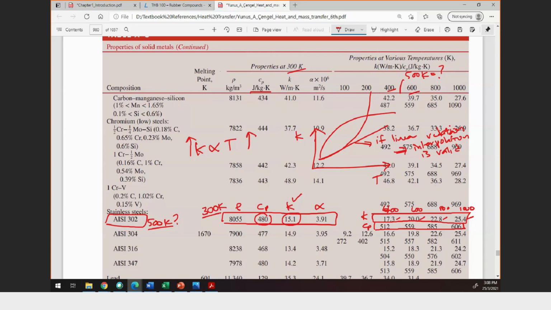Someone asked me what happens to the radiation if the wall has two layers. Simply, you need to do two analyses of radiation.